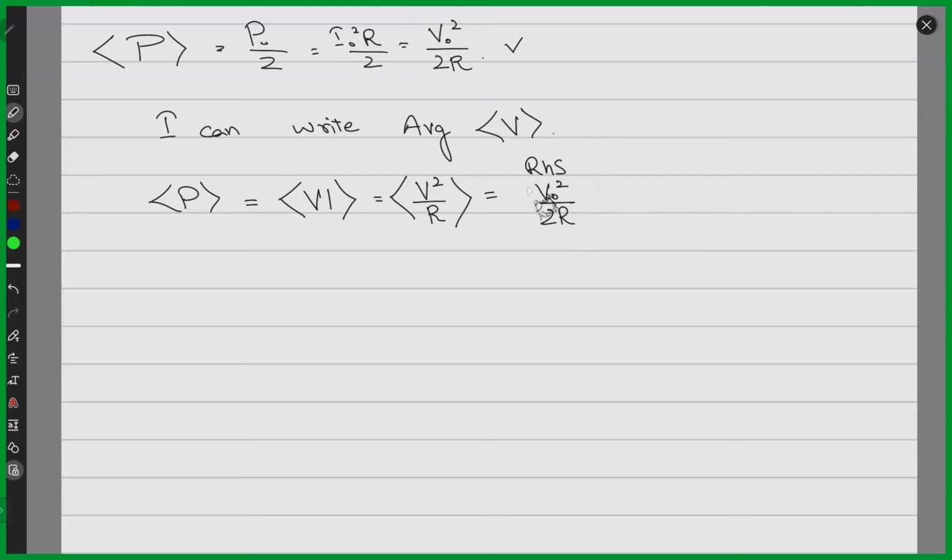So from this, if you cancel these R's, the average value of V squared is V naught squared by 2 as well, which means that the r.m.s. value of the potential drop in an alternating current circuit is V naught by root 2, which is again the same thing as the one we discussed before, the root mean square value of potential drop.